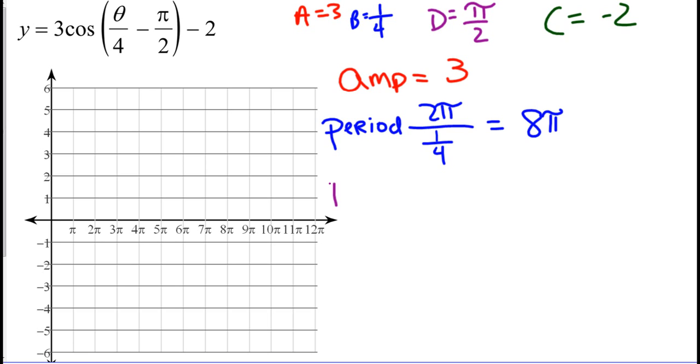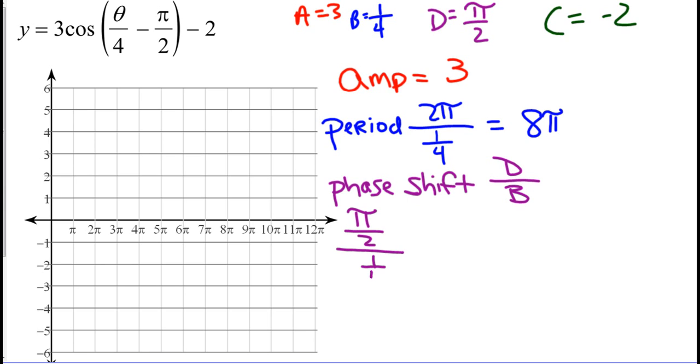The phase shift, or you may hear me say horizontal shift, meaning right, left, but that's what it is, phase shift. You will always take the d value divided by the b value. So we are going to take pi over 2 divided by 1/4. Okay, so we've got pi over 2 times 4 over 1.